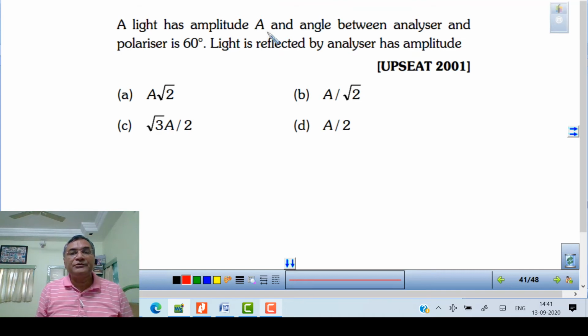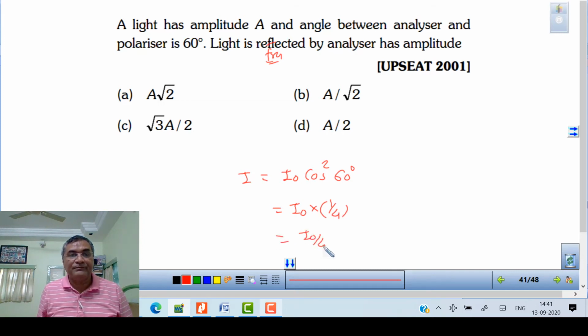A light has amplitude A and the angle between analyzer and polarizer is 60 degrees. The light is not reflected by the analyzer, it must be refracted. So we know that intensity is equal to I0 cos square 60 degrees, so I0 cos square 60 degrees is equal to I0 by 4.